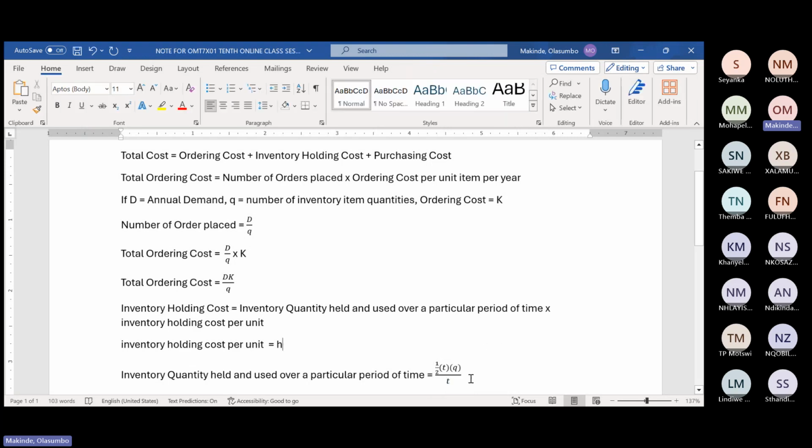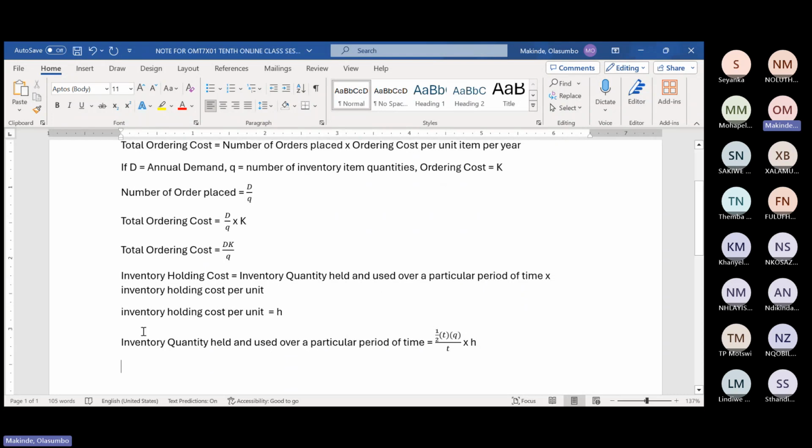So mathematically, we cancel T, and this reduces to half Q, if you look at it. So the formula for average inventory held over a particular period of time is half T times Q over T, which I've explained. Then it is multiplied by the inventory holding cost per unit, which is represented by H based on the assumption of the EOQ model.